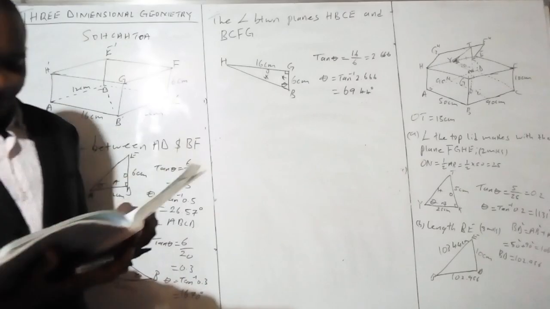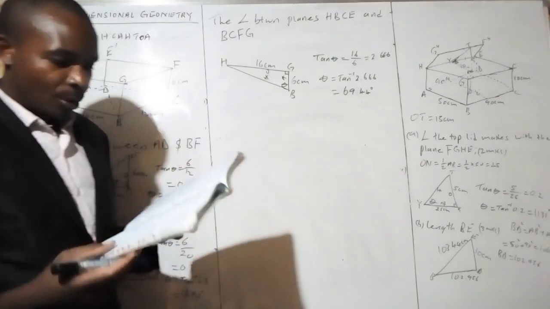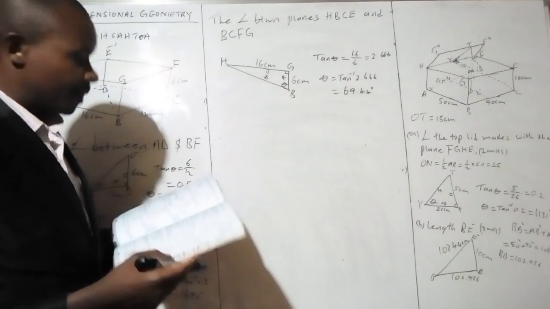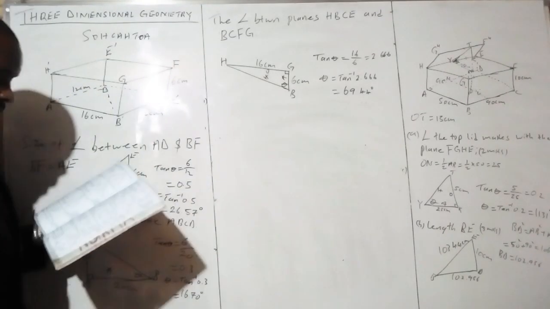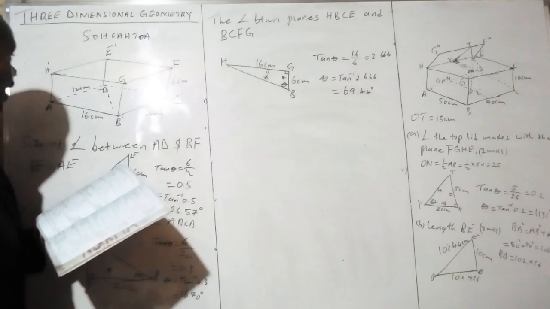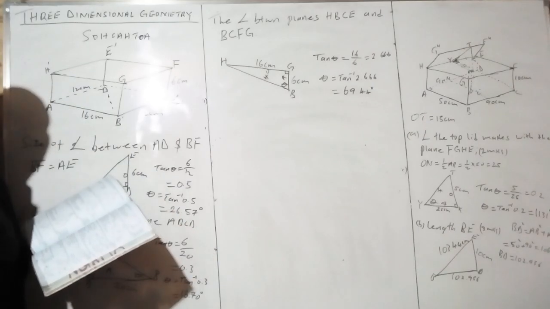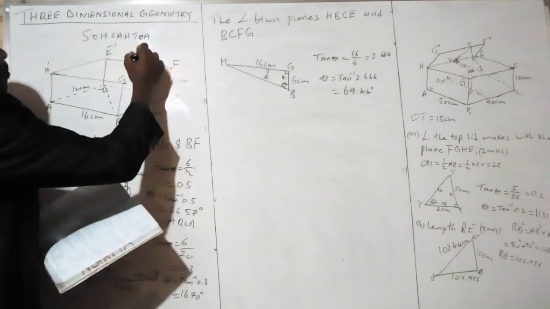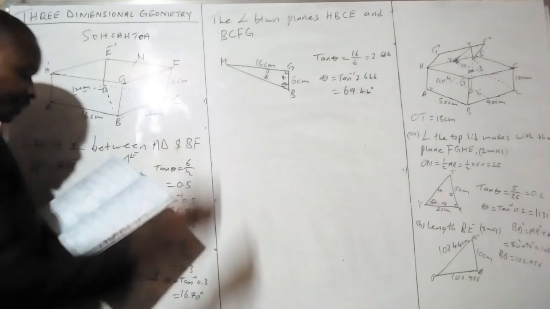And next, point N. Point N is the midpoint of EF. Why is EF? EF it's here. Point N will be there. Calculate the length BN.